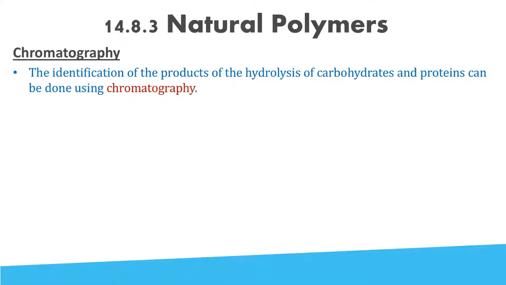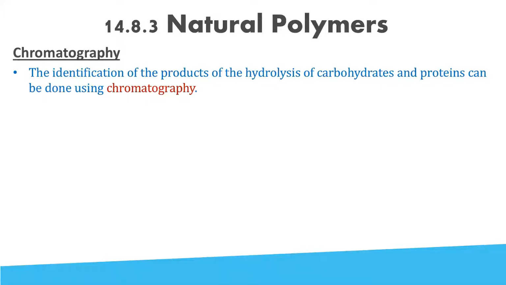And you will be asked about some information regarding the separation of amino acids formed from hydrolysis. In the hydrolysis of protein, the protein is broken down into amino acids. So there will be different types of amino acids.